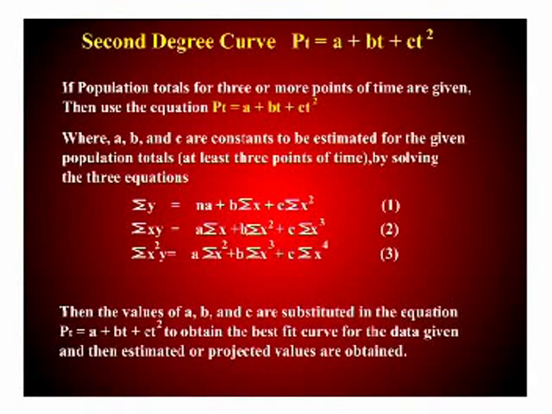In the equation of the second degree curve, which is given by Pt equal to A plus Bt plus Ct square, A, B and C are constants that are to be estimated from the given population totals, normally requiring at least 3 points of time data, and the best fit curve is obtained.